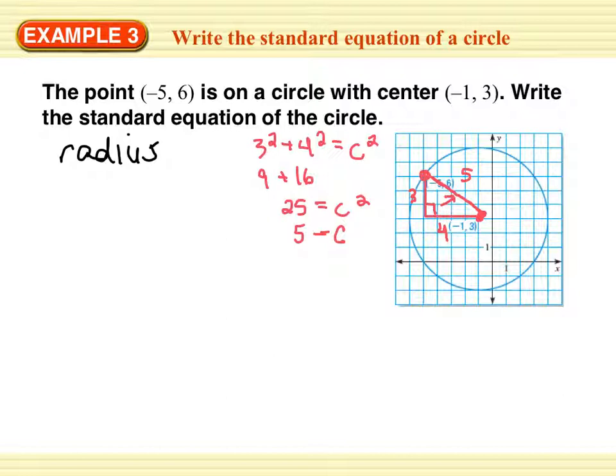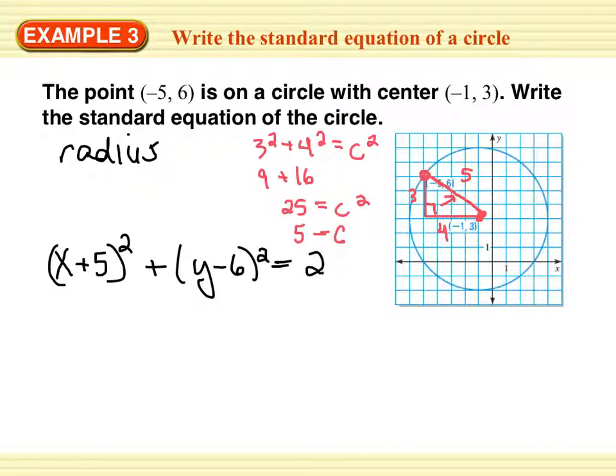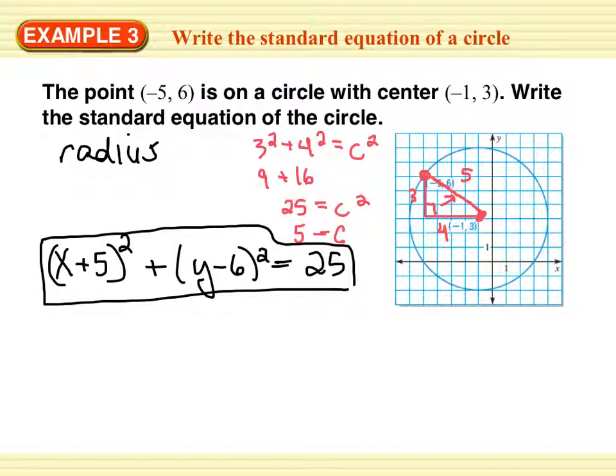We can do x plus 5 squared plus y minus 6 squared equals 5 squared, which is 25. But if it was not graphed, we would use the distance formula.